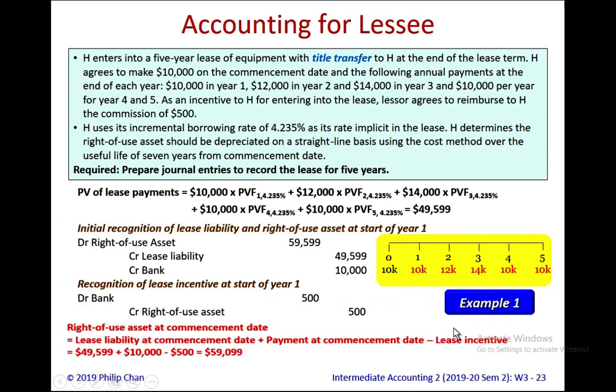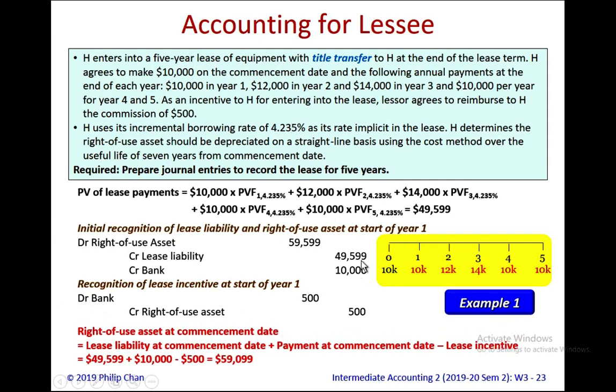It should be equal to the 49,599, which is this lease liability figure, plus the 10,000, altogether 59,599, minus 500, the second entry, credit right of use asset. So the starting value of your right of use asset at the commencement date should be 59,099. Now make sure you know it, because that's seriously affecting your depreciation calculations later on.